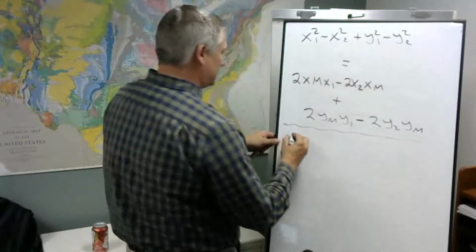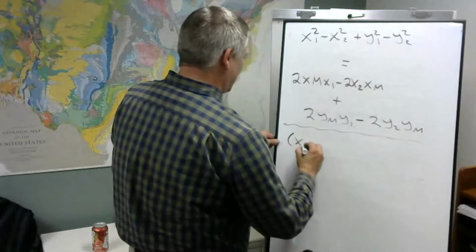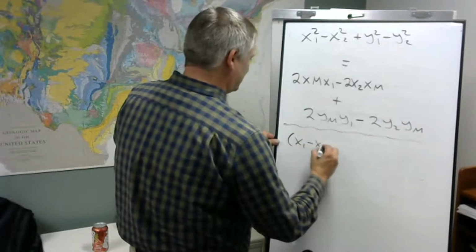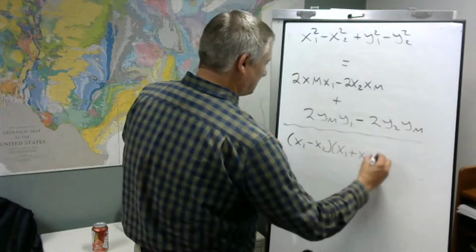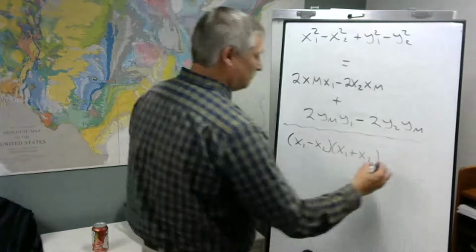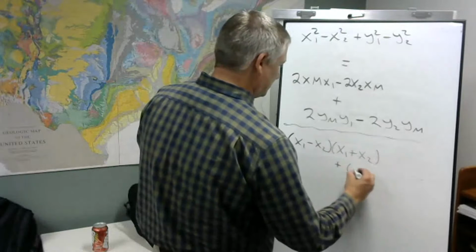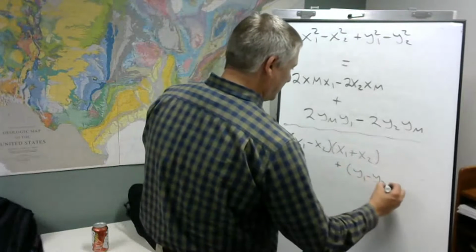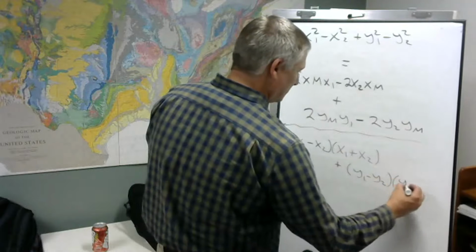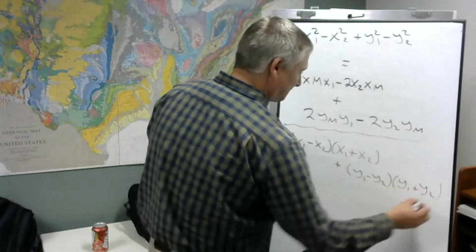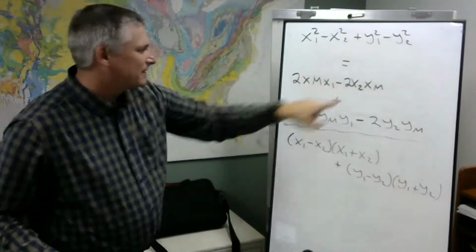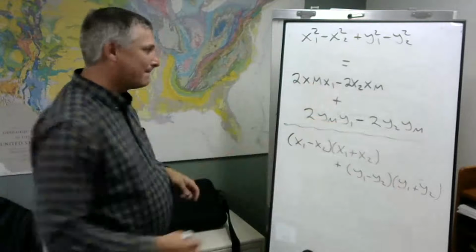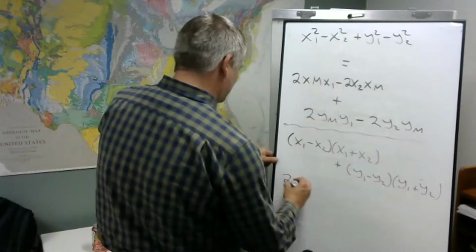So we can rewrite this as x1 minus x2 times x1 plus x2, plus y1 minus y2 times y1 plus y2. And then here we can factor out xm and ym. We can factor out a 2 also.